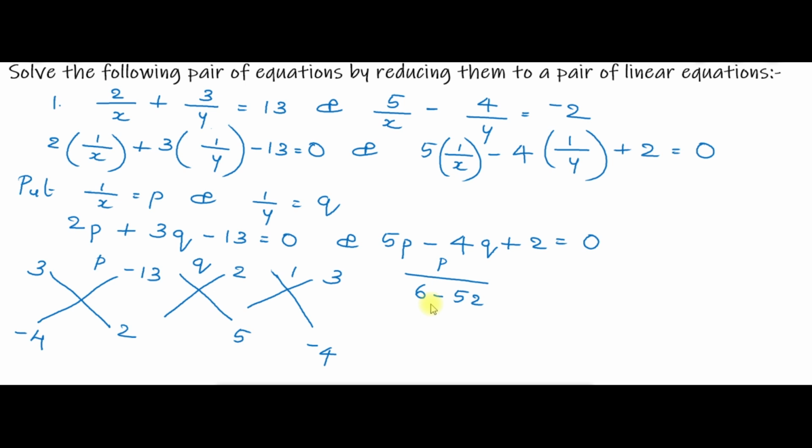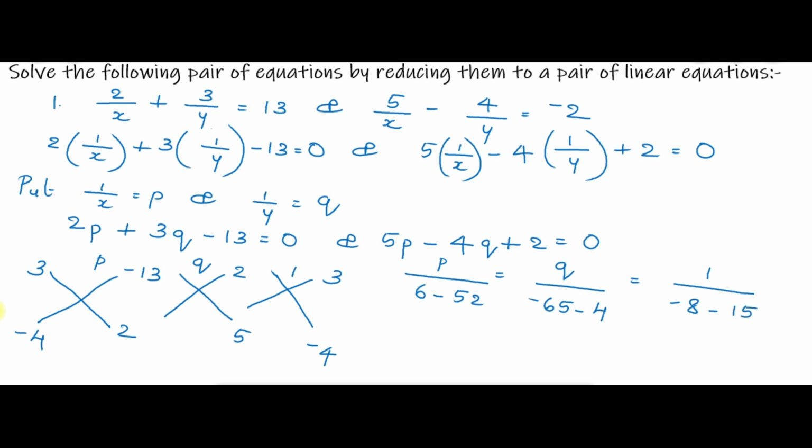So p by 6 minus 52, which is equal to q divided by, from left side you have to go on, 13 into 5, which is equal to minus 65, minus 4, equal to 1 divided by 2 into minus 4, which is equal to minus 8, minus 15. So minus 8 minus 15.